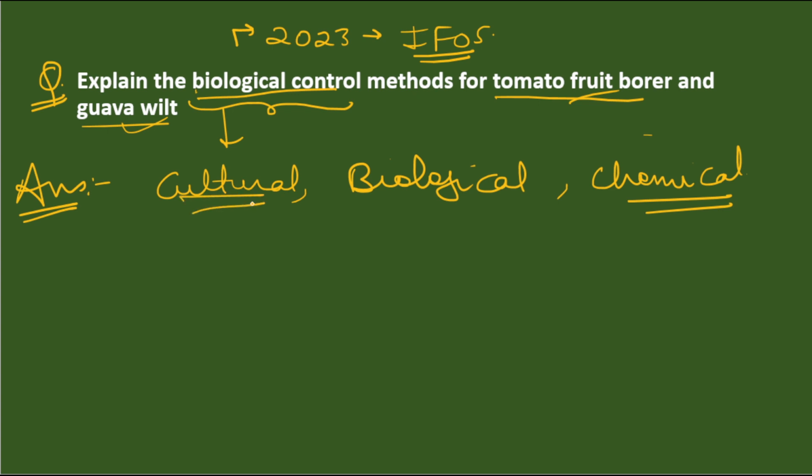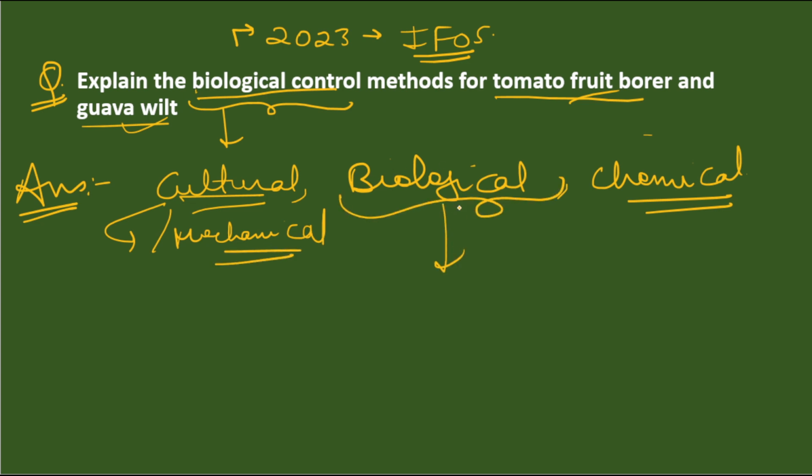In cultural, there are some cultural agronomic practices which we can develop, such as destroying things, or you can say some mechanical practices can also be included here. So these are the cultural ones. And biological is the use of some biological organisms, some animals, some birds, some microorganisms for the control of these things.